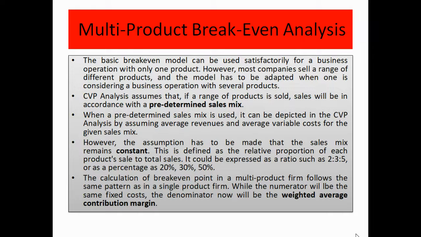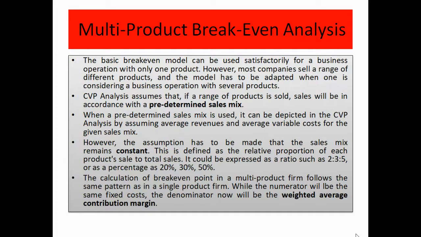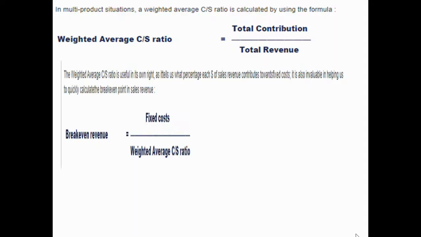What we do under multi-products is almost the same as the ordinary break-even point, but instead of dividing fixed cost by contribution, you rather divide it by the weighted average contribution margin or the weighted average contribution to sales ratio.